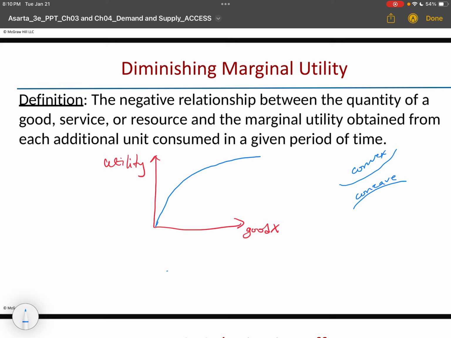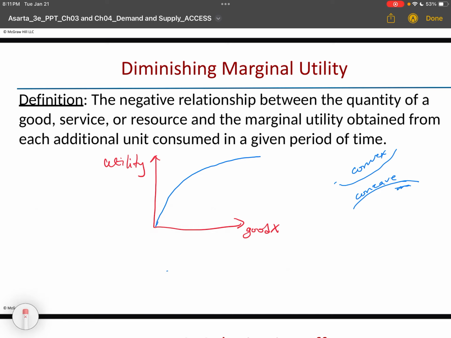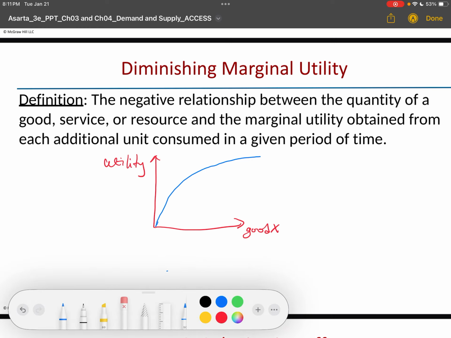Well, it looks like a cave, right? So concave. That's concave. And this one on the top is convex. Okay. Is it important to know these things in econ? Yeah, it is. Okay. So that's your utility.